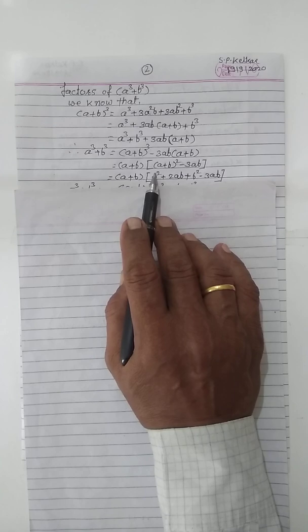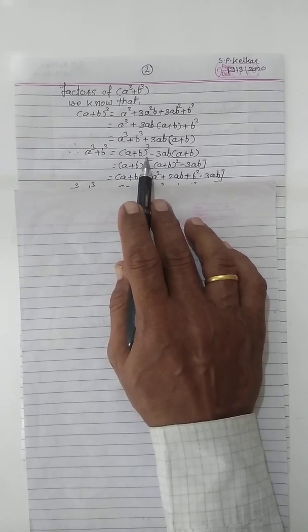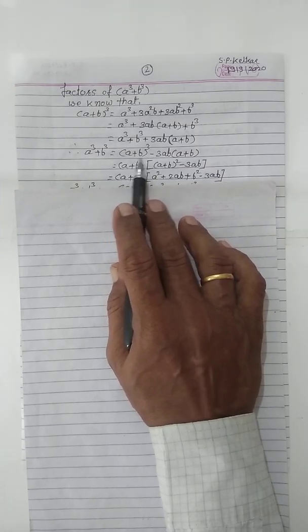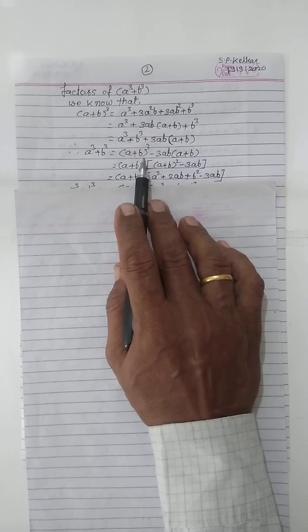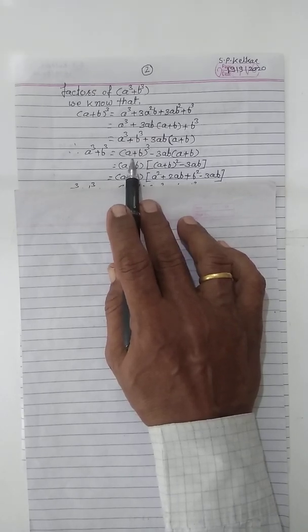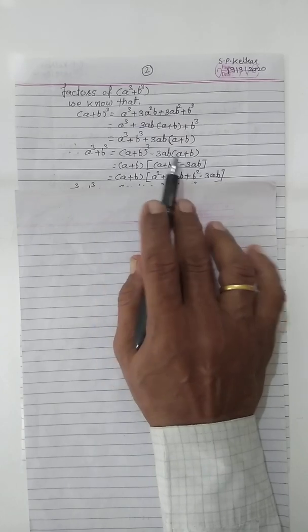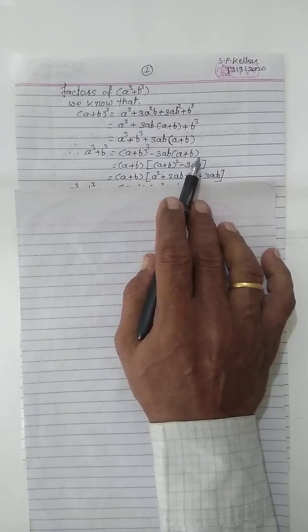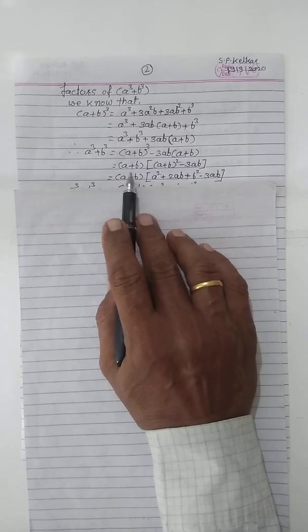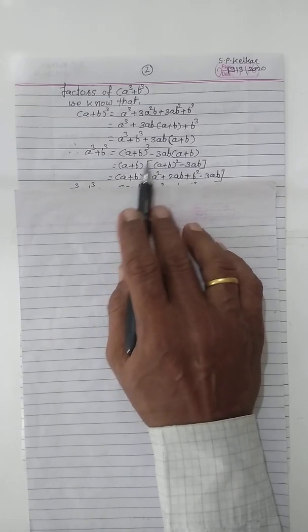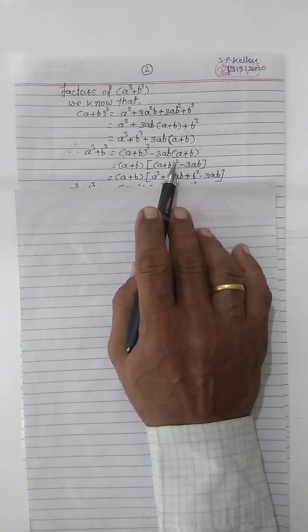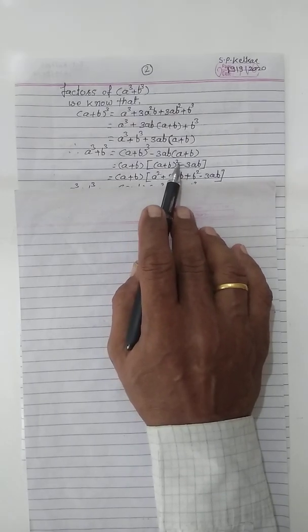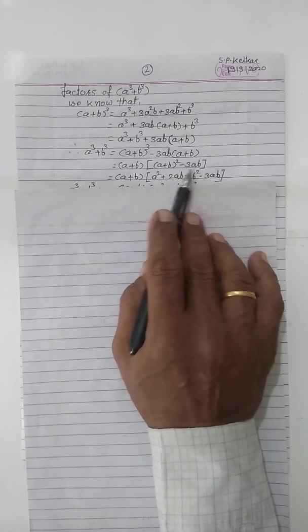Now see, (a plus b) whole cube means this bracket is written three times. Then we take common from these three one bracket (a plus b), and this bracket (a plus b). The two brackets are the same, so take (a plus b) common. From these three, two brackets remain, so we write (a plus b) whole square minus 3ab.